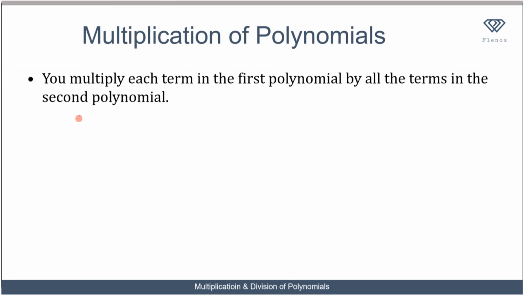Let's say you have something like this, x plus 2, times x plus 3. How do you multiply these two? What this tells us to do is to take the first term of the first polynomial and multiply it by everything in the second polynomial. So here we have x into bracket x plus 3.